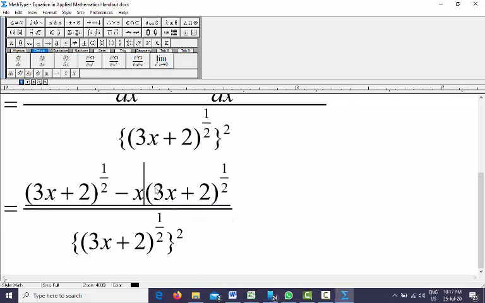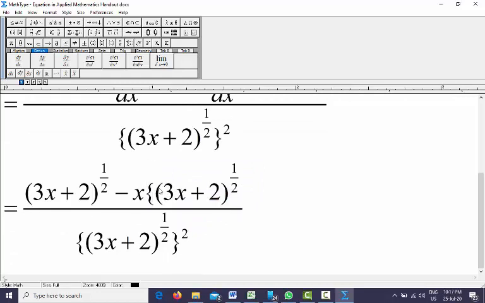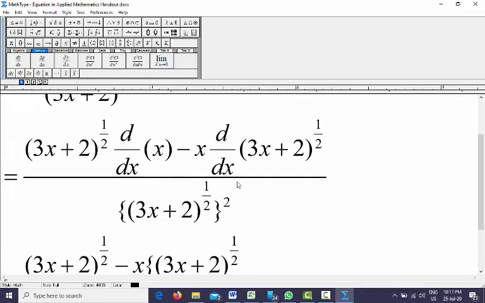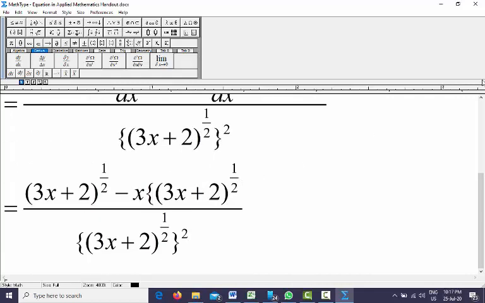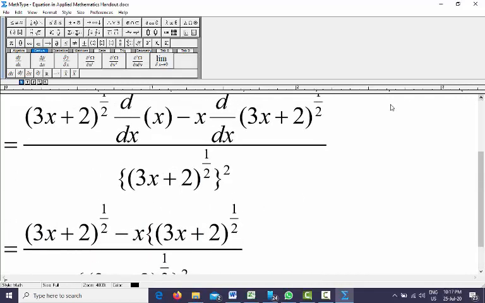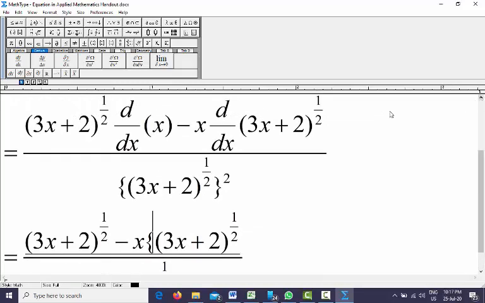First of all, you need to do differentiation of the power. That means the power will come first.